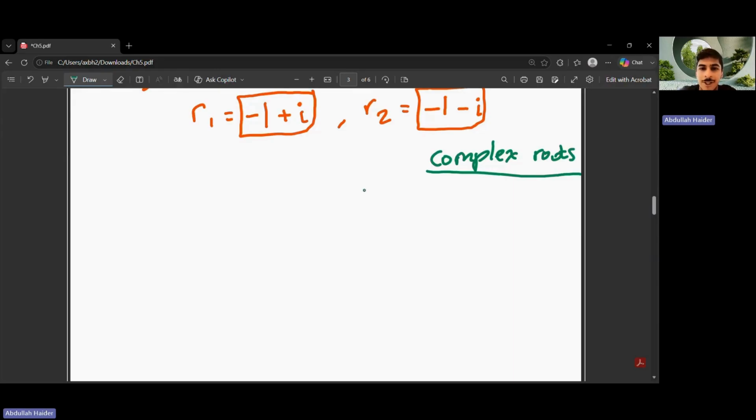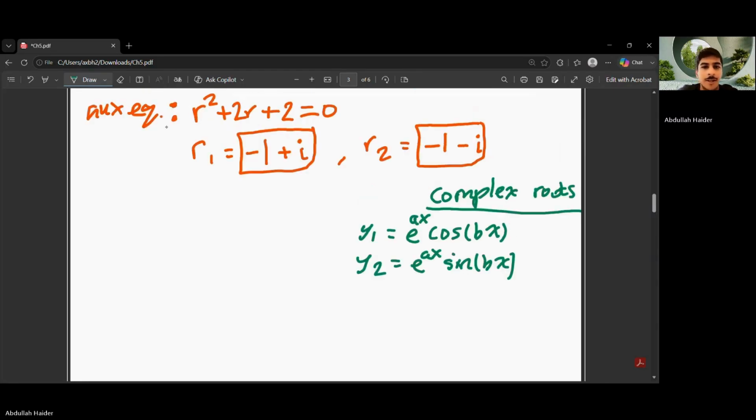So y1 is going to be e power ax cosine bx. I'll explain what a and b are in a minute. And y2 is equal to e power ax sine bx.